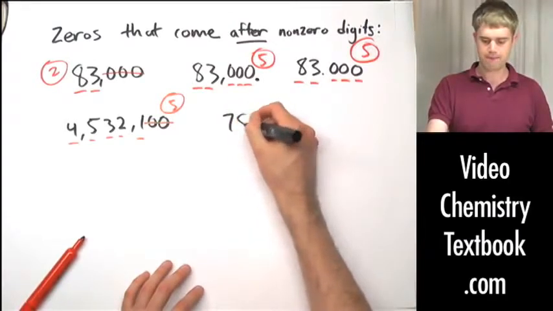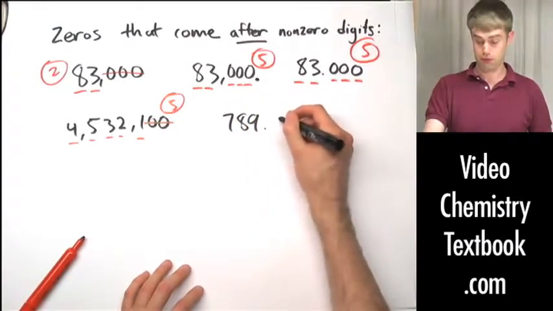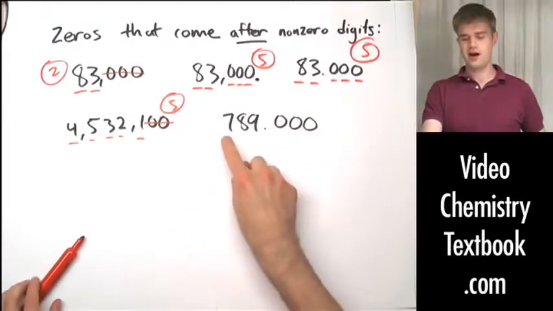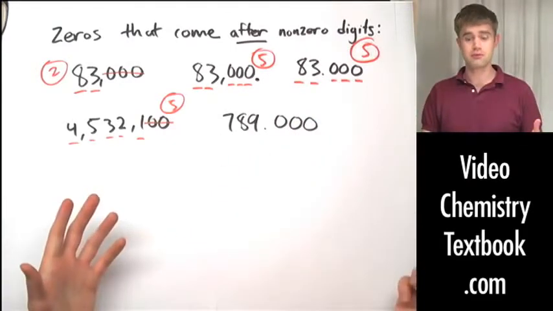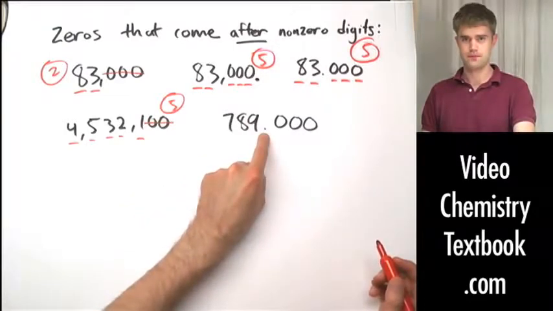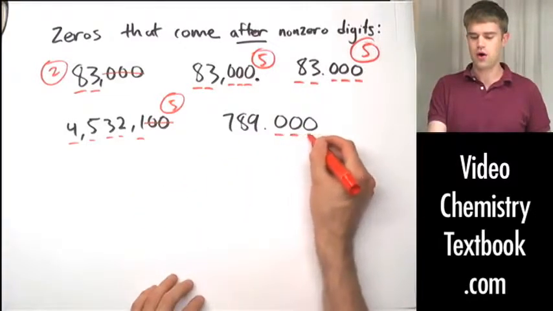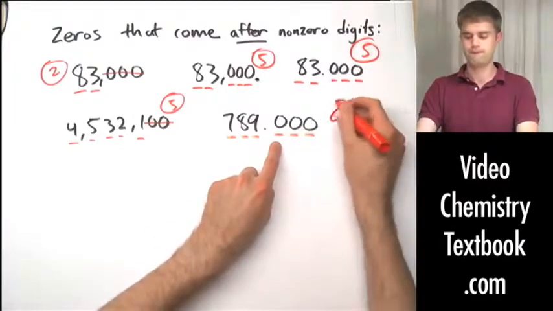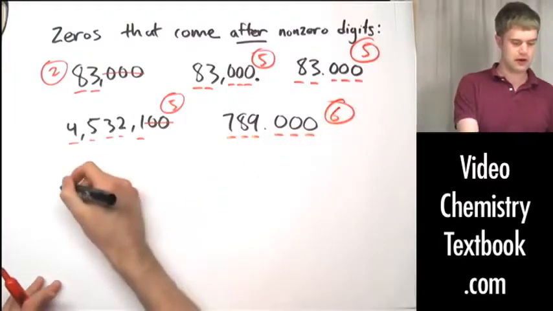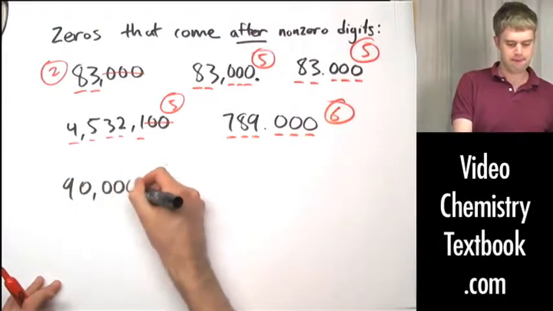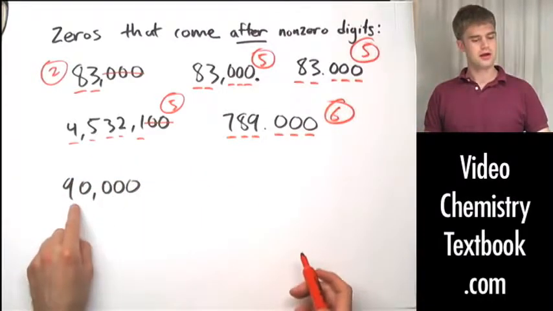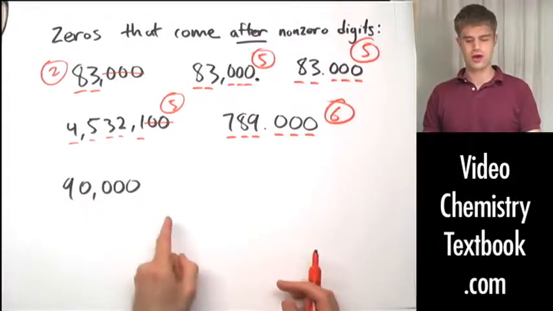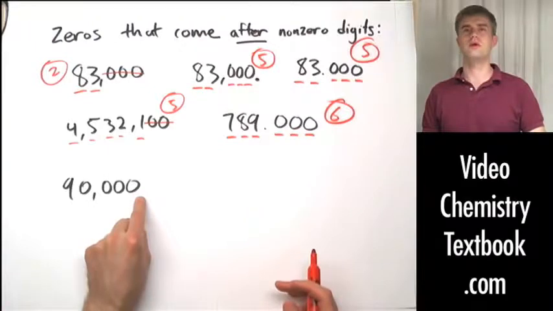Let's look at 789.000. Again, zeros to the right of non-zero digits. Is there a decimal place? There is, which means that these right-hand zeros become significant. 6 total significant figures here. Let's look at 90,000. There's one significant figure, and 4 zeros to the right, but there is no decimal point in this number.